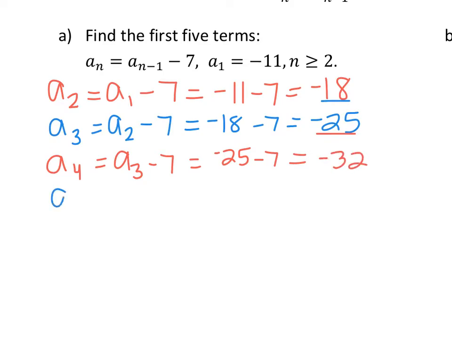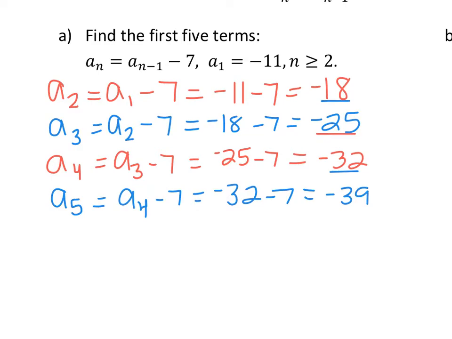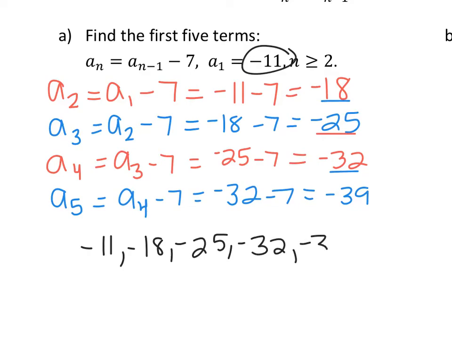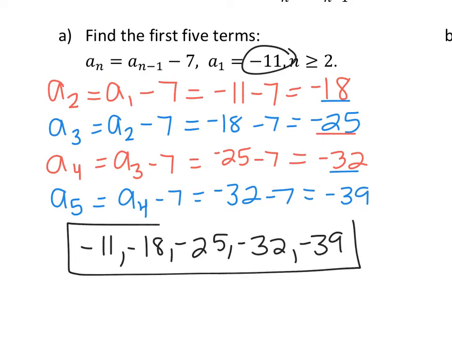One more, our fifth term is our fourth term, minus 7, our fourth term being negative 32. Subtract 7, we get negative 39, which makes our 5 terms, remember our first one was negative 11, negative 18, negative 25, negative 32, and negative 39.